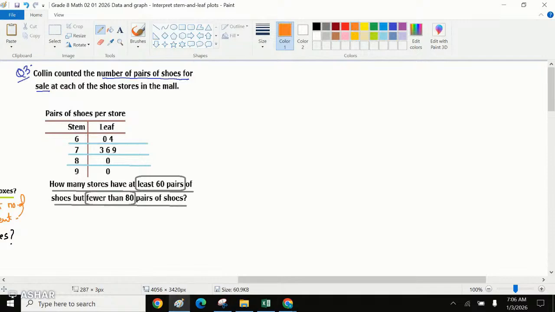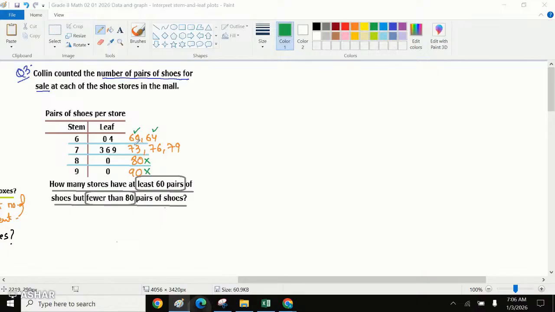So can this be 60 shoes and 64, right? There were 73 pairs on sale. This was 76 pairs and 79. This was 80 pairs and this was 90 pairs. At least 60 means this can be included, this can be included. Fewer than 80, that means 80 cannot be included, 90 cannot be included.